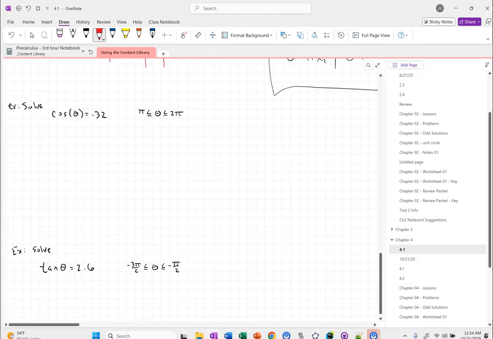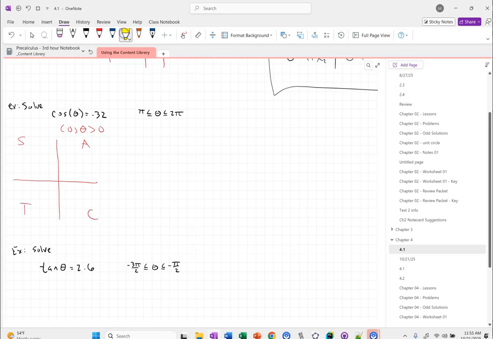Okay, the next one we have is cosine theta equals 0.32 between pi and 2 pi. So again, we start the same way. Where is cosine positive?